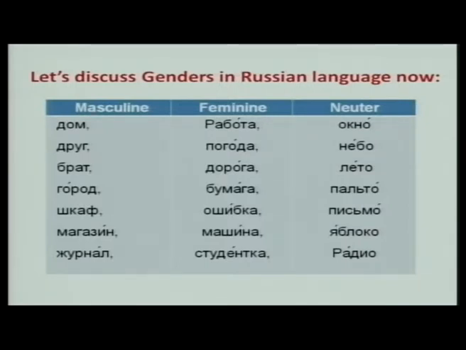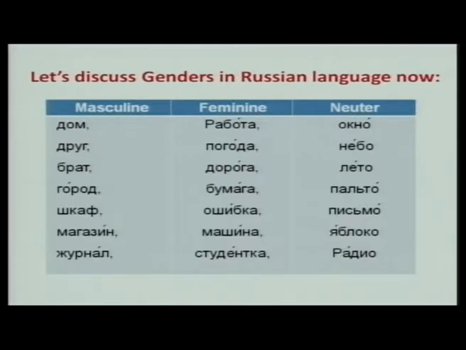Masculine gender words: дом, друг, брат, город, шкаф, магазин, журнал. Feminine gender words: работа, погода, дорога, бумага, ошибка, машина, студентка.